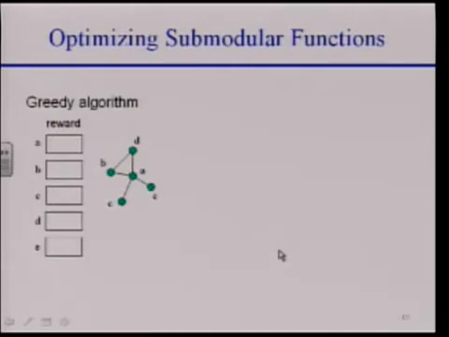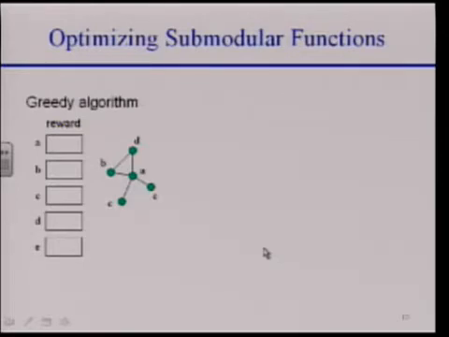So a greedy algorithm basically does what? You choose one element that gives you the best marginal gain. And then once you select, you don't change your decision.